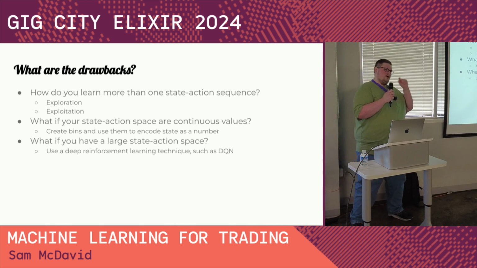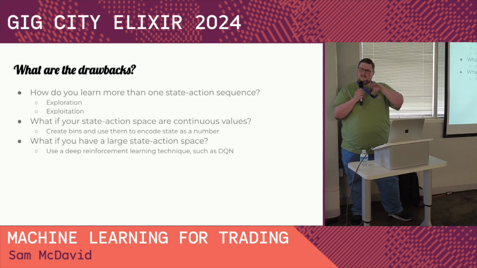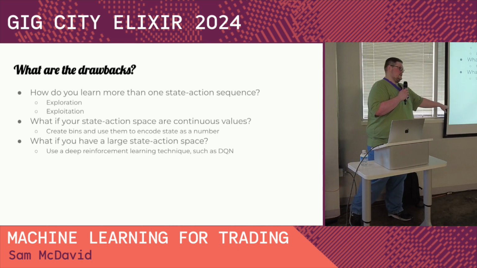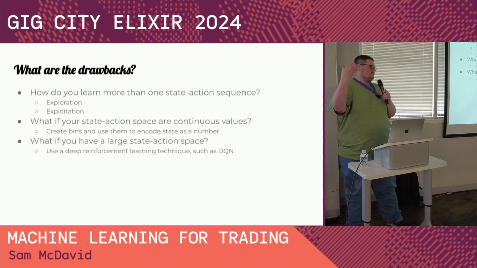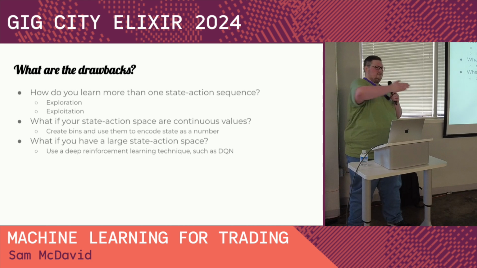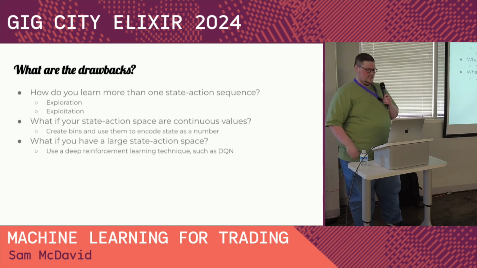You pull a random uniform number, and if that number is less than epsilon, you do a random action. You're going to explore. So over time, as you progress through the environment, you transition from exploring into exploiting and actually learning the environment.